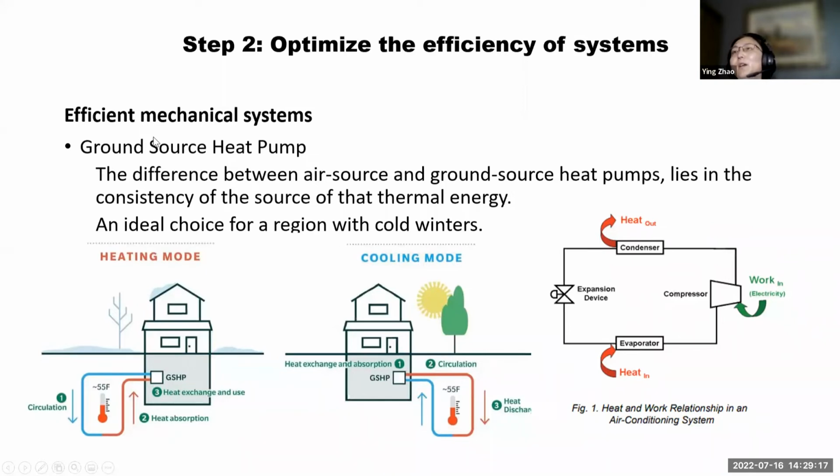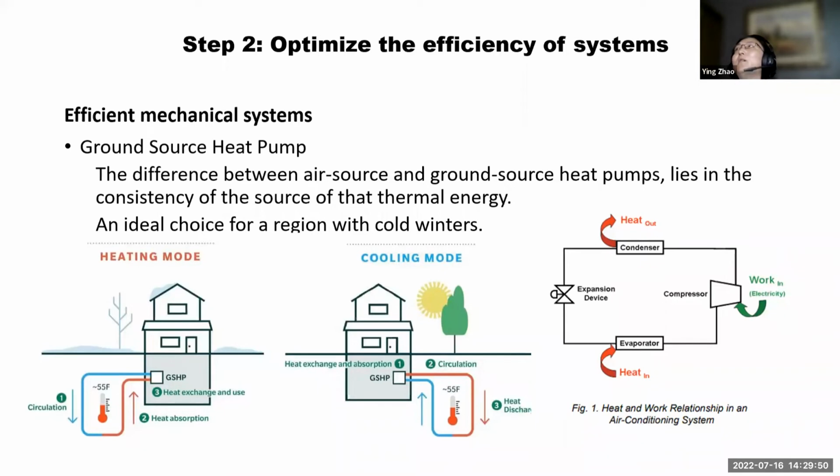For the ground source heat pump, the difference between air source and ground source is that the ground is a much better thermal source because its temperature is more constant. It makes the system more efficient. For example, in the cooling condition, the air temperature is high but the ground is low.